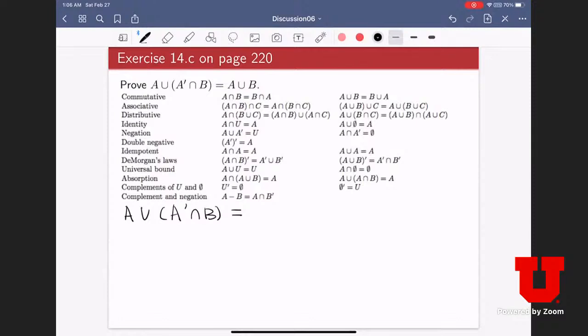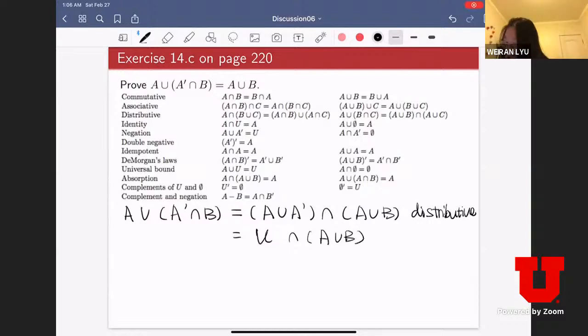We got the A union not A intersection A union B, and then we use the negation to get the U, the universal set, intersection with A union B.